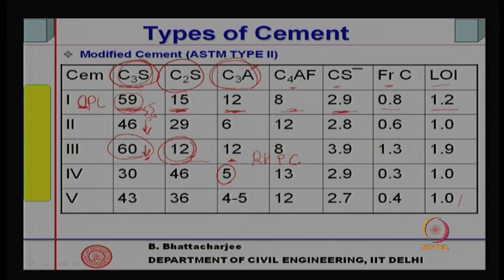Therefore, this cement is rapid hardening cement, because chemical composition wise it has got the highest C3S. Physically, of course, fineness governs: the higher the fineness, the rate of hydration will be high, and therefore, strength development will be faster.